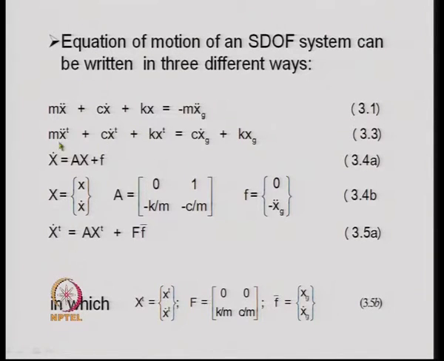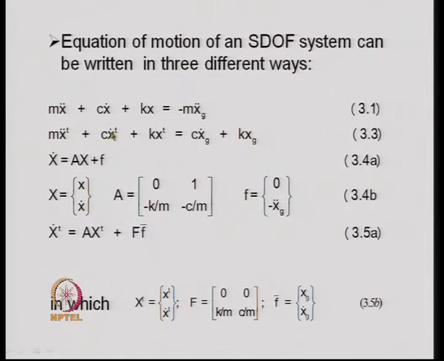First, this entire equation can be written in terms of not the relative displacement, velocity and acceleration, but the total displacement, velocity and acceleration. For that, in this equation, we add on c x dot g and, on the other side, k x g, so that they turn out to be k x t, because x plus x g is equal to the total displacement.